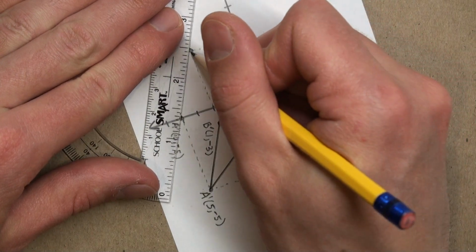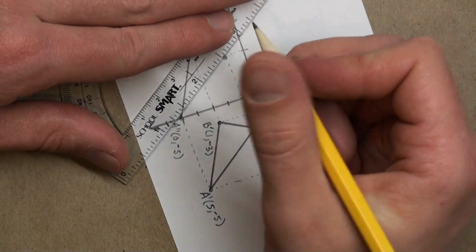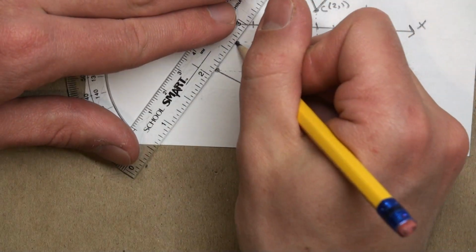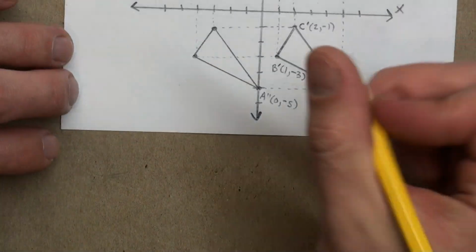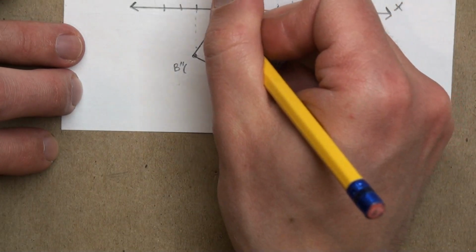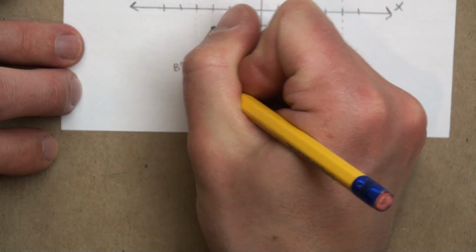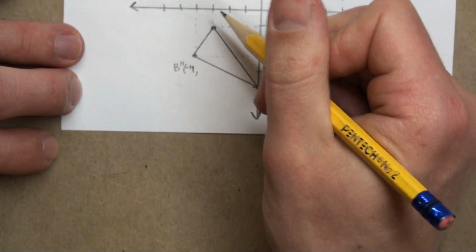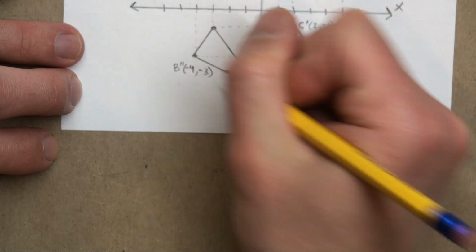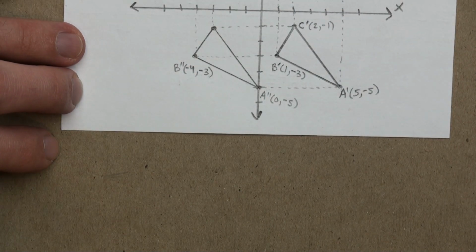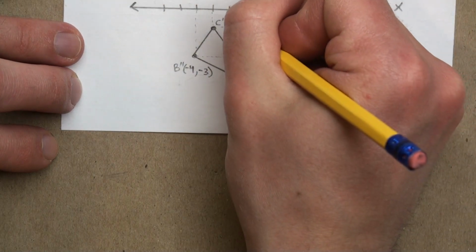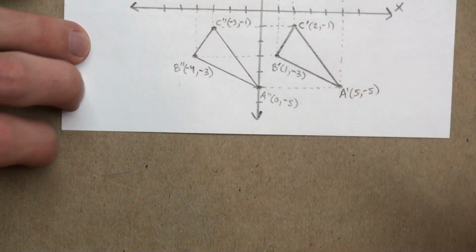We'll just draw in our shape real quick. B double prime is at negative 4, negative 3, and C double prime is at negative 3, negative 1.